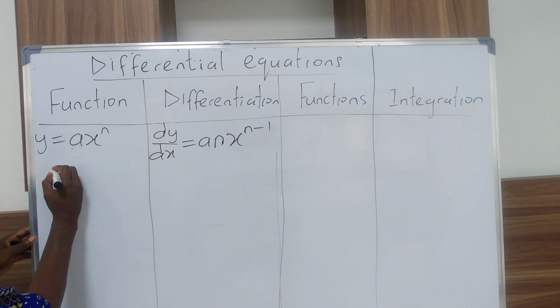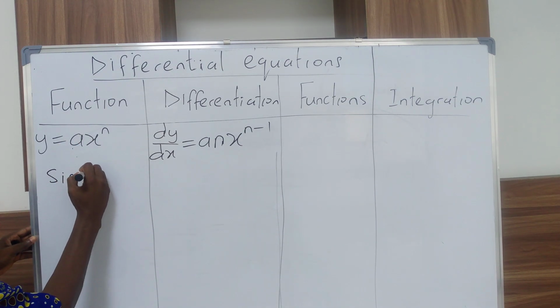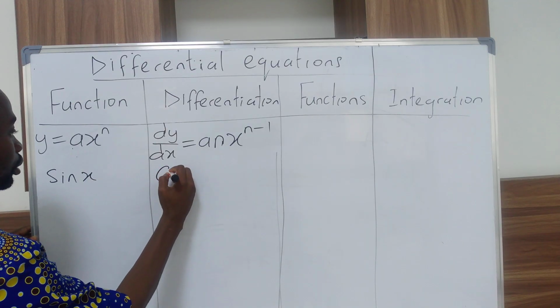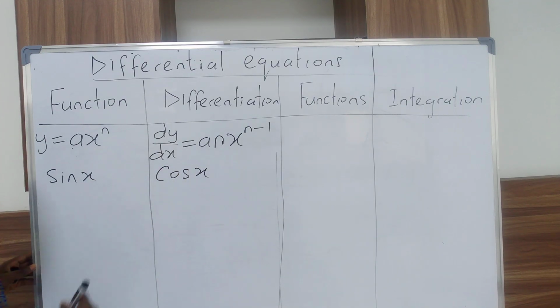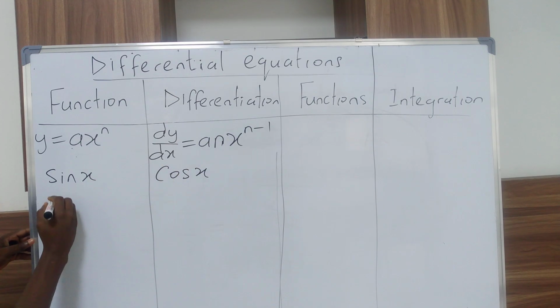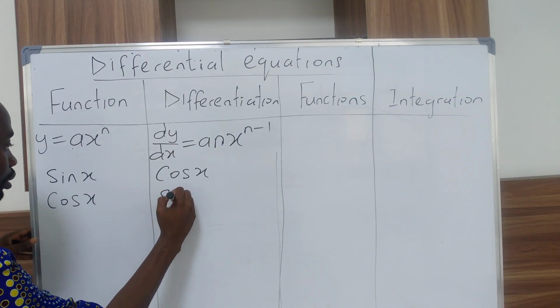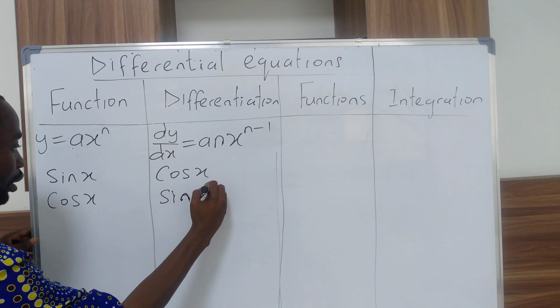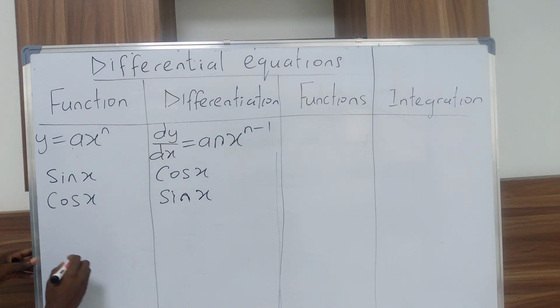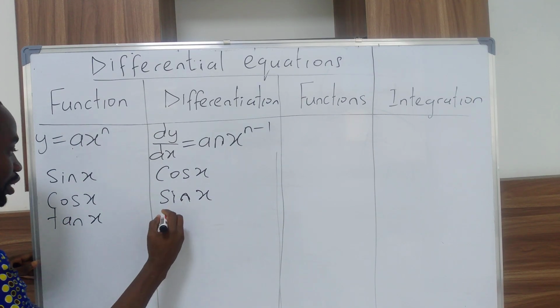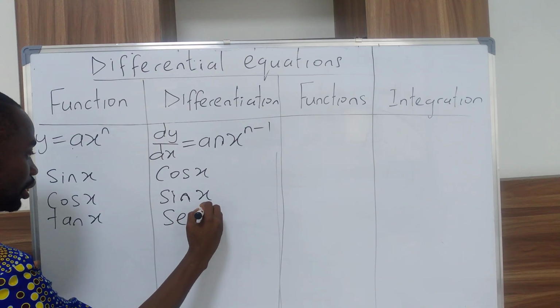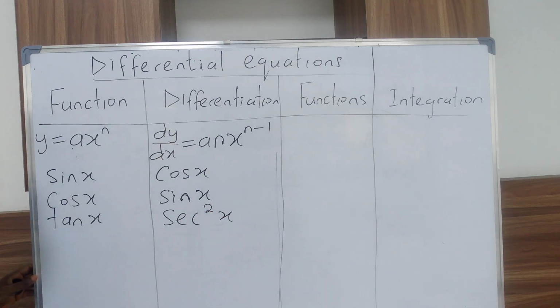When you differentiate sine x, you're going to get cos x. When we differentiate cos x, I'm going to get minus sine x. When we differentiate tan x, I'm going to get sec square x.